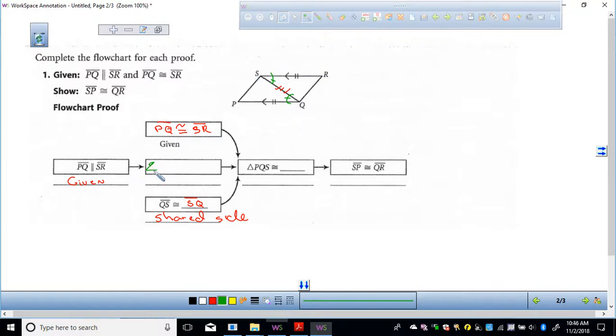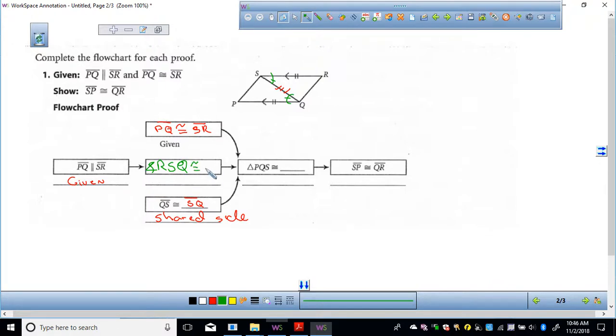Angle RSQ. Let's try that one more time.